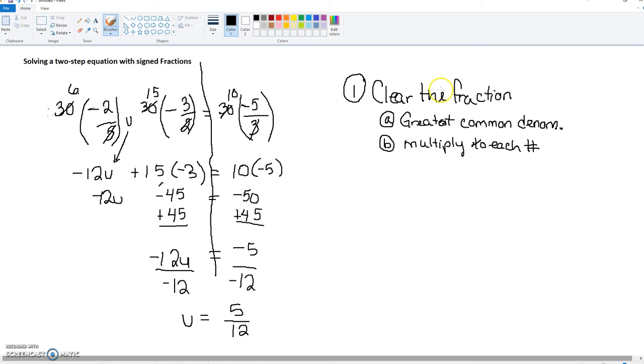Okay. And I'm going to go ahead and put those steps up here. So we multiplied to each number. Then our next step, step 2, was to move our number to the right side by adding or subtracting.